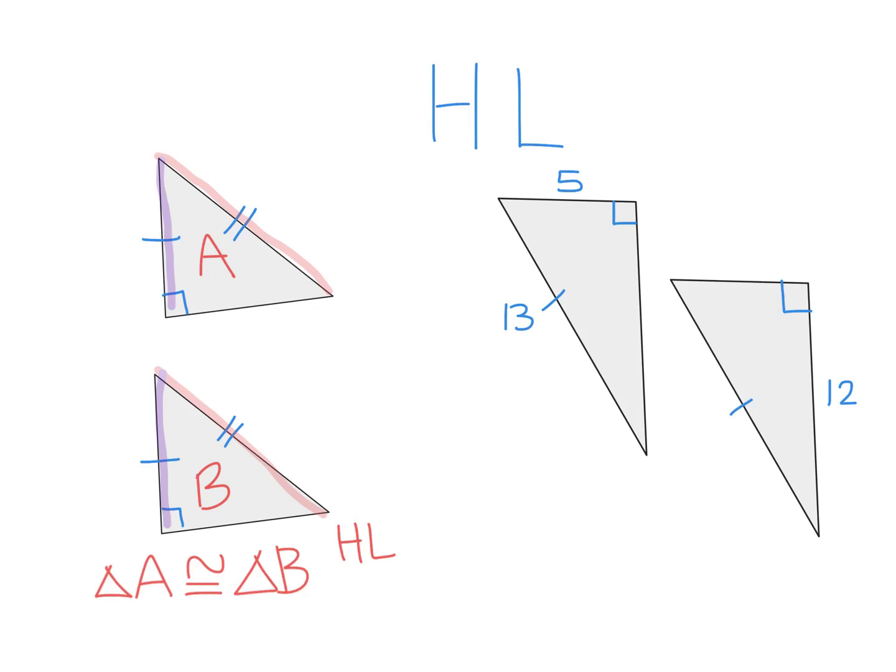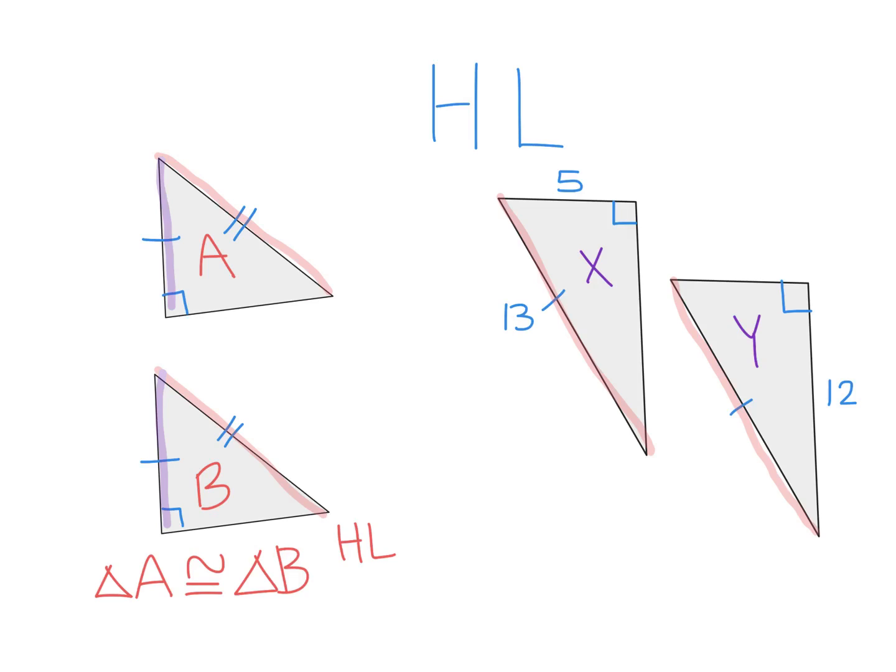Now let's look at these other two triangles that I have. I'm going to label them as triangle X and triangle Y. If you notice in my picture, I can see that the hypotenuse on triangle X is congruent to the hypotenuse on triangle Y because they both have one tick mark. That means that I could also fill in more information in my picture.